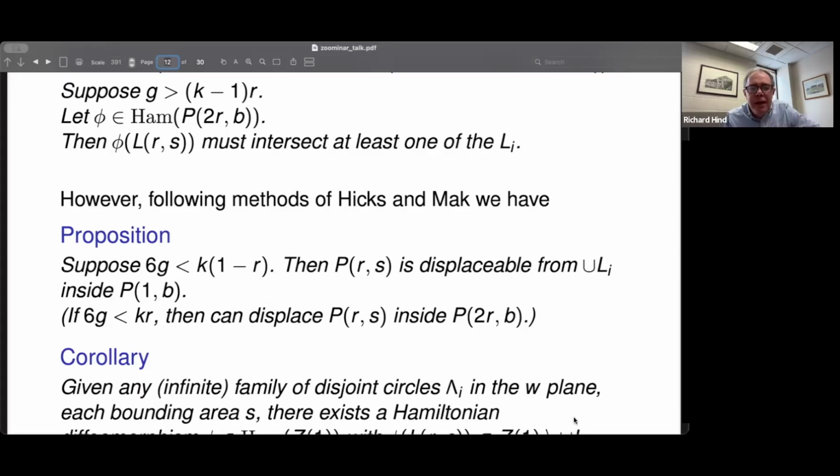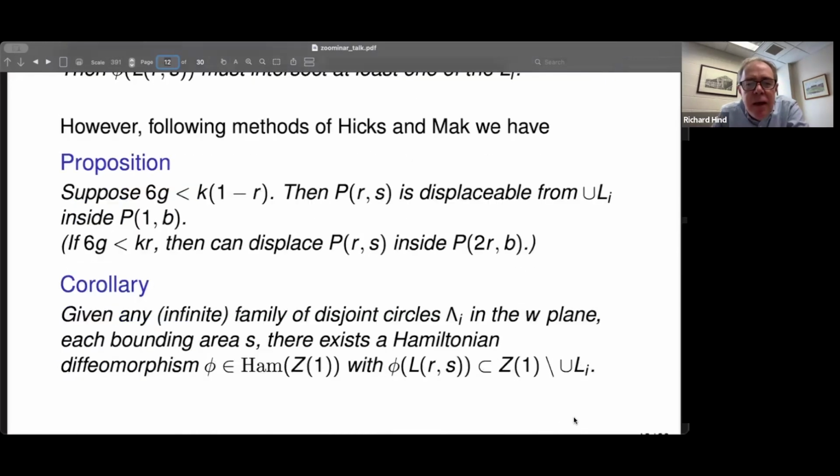In particular, applying this to our situation, I'm working in the cylinder. So in the W plane, it's the whole plane. What we want to do is take the polydisks and let B run to infinity. Then K would run to infinity, and what you end up with is this.